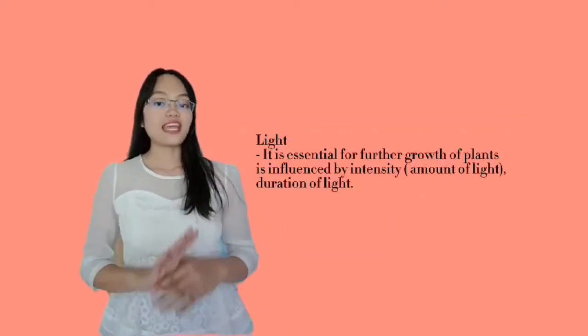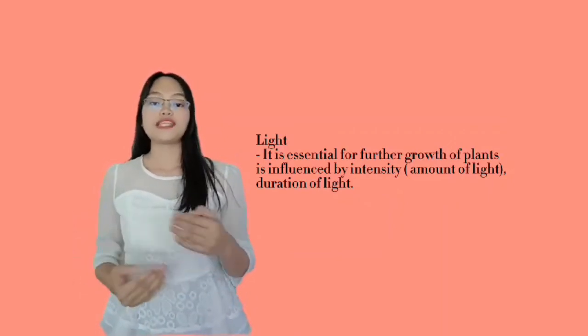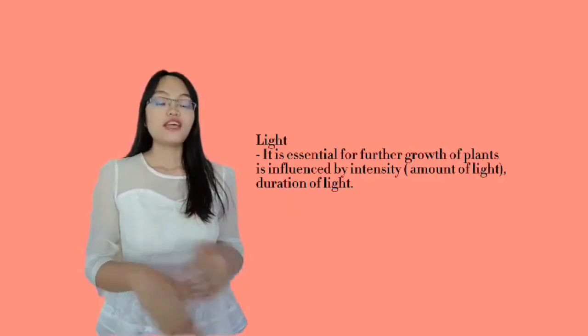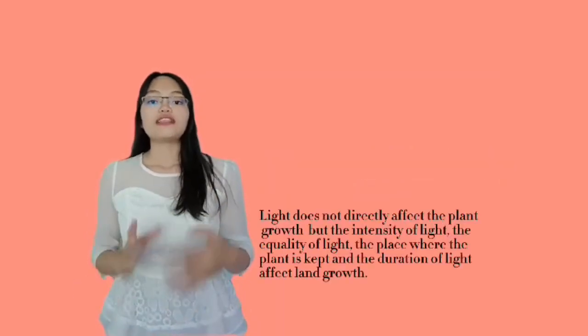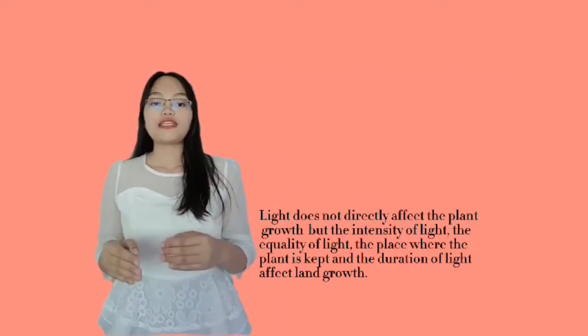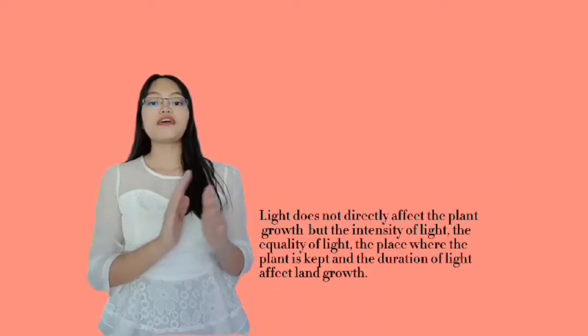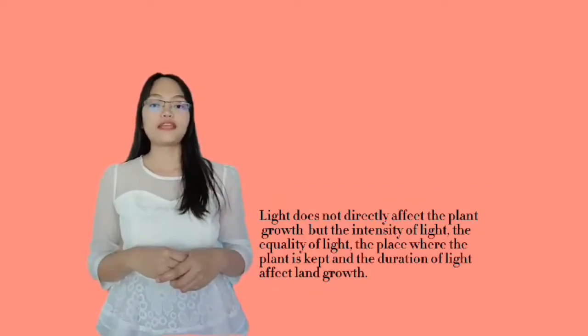The last is the light. It is essential for plant growth and is influenced by the intensity or the amount of light and the duration of light. Light does not directly affect the plant growth, but the intensity of light, the quality of light, the place where the plant is kept, and the duration of light affect the plant growth.